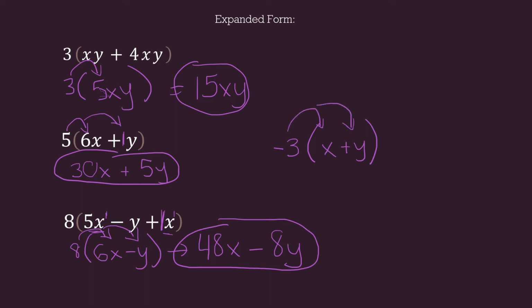If I distribute this inside, because I'm multiplying by a -3, it's going to make our resulting product negative. So it's going to be -3x, and then -3 times y is going to be -3y. And that would be the answer to this problem here.